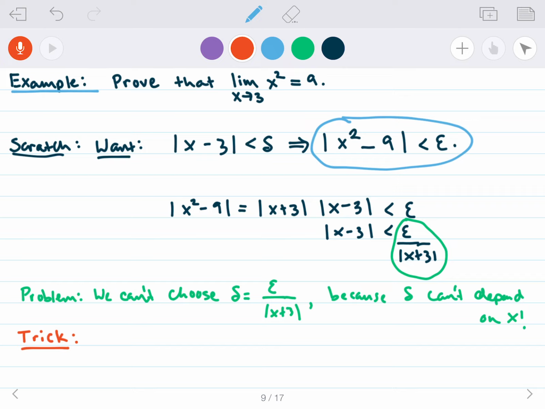And it's going to give us a bound on this x plus 3, so that our delta doesn't depend on x. Okay, but x depends on delta. x depends on delta, but delta doesn't depend on x. So that's going to be the trick, and we're going to use this trick quite often. So, really mull this over, maybe make another cup of coffee or a pot of coffee or whatever, tea.